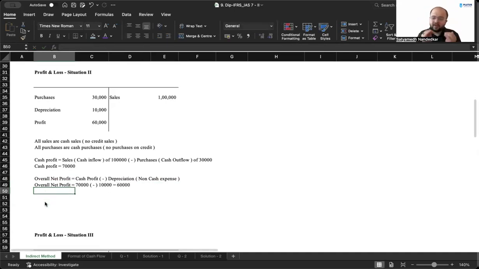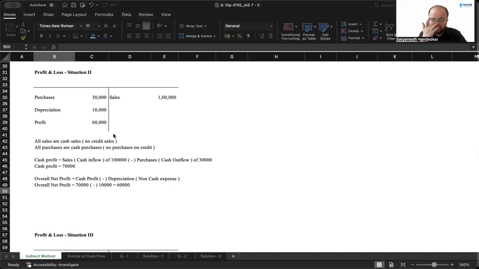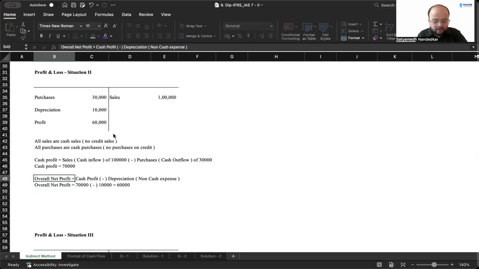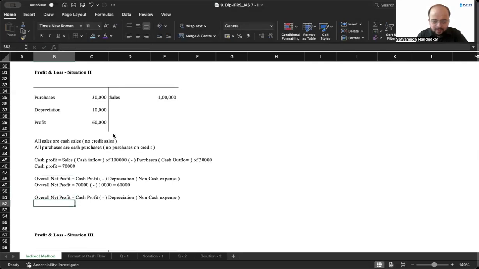Now, to arrive at the net profit of 60,000, I had to subtract a non-cash expense of 10,000. So, can I say that my overall net profit is cash profit minus depreciation or non-cash expenses?